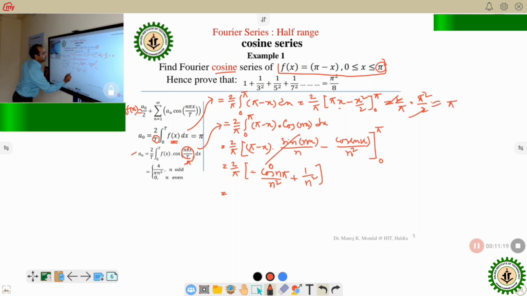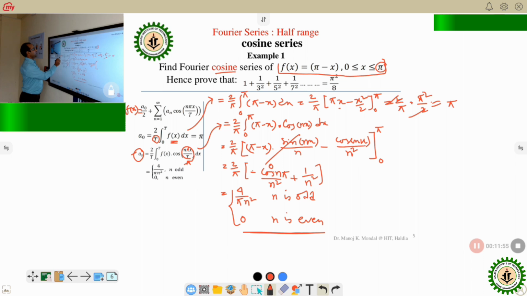When n is odd, its value will be, with minus 1 to the power n, 4 by pi n square for n odd, and 0 for n even. So we got the values of an according to even and odd.